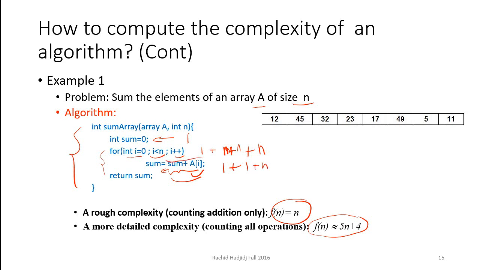But these operations here are going to be executed n times, so you have to multiply by n. And if you do the math here, you add all these quantities, this one, plus this one here, plus this one, you will get something which is close to 5n + 4. If you miss it by 1 or 2, it's not a big deal. So it's just an approximation.